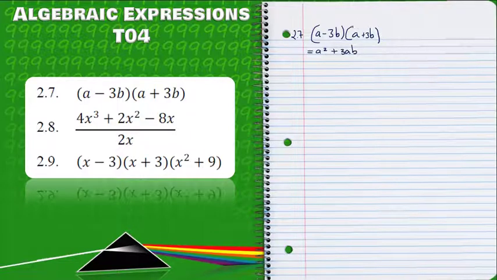And then these two terms, minus 3ab, and then a minus times a plus gives me a minus 9b squared. Then adding my like terms, this is plus 3 minus 3, so that becomes 0. That means all that's left is a squared minus 9b squared.